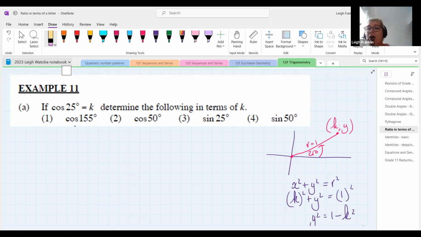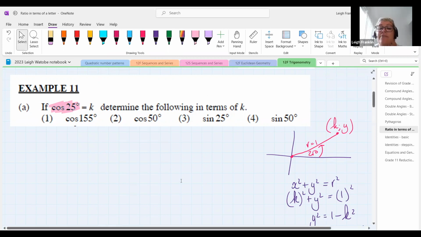The other thing that I want to emphasize again is that unlike the questions on Pythagoras, where x and y change sign depending on which quadrant you are working in, here we are always working in quadrant number 1. The reason for that again is that we are going to be working with acute angles only. So it's a different type of question, even though we are still using the theorem of Pythagoras.